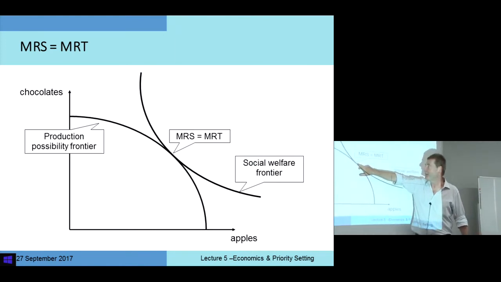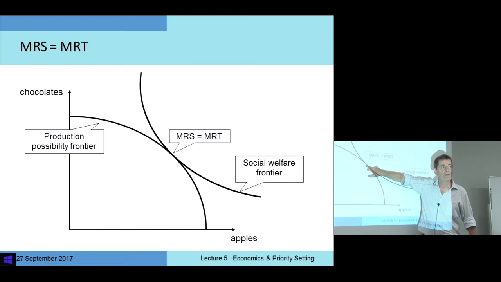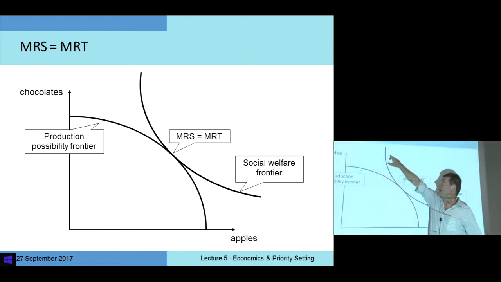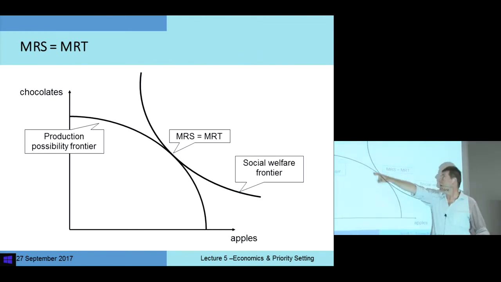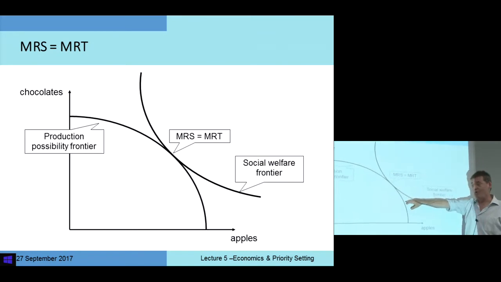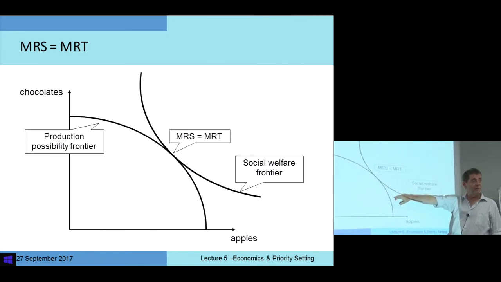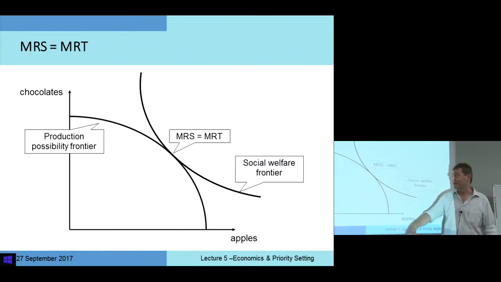And at that point here, we're just able to reach this higher frontier. If you imagine the next one up, it's outside of our production possibilities. We can't get there. You can imagine ones down here. Well, we can achieve that, but why do that? Why not do more? Why not achieve something better for our society?